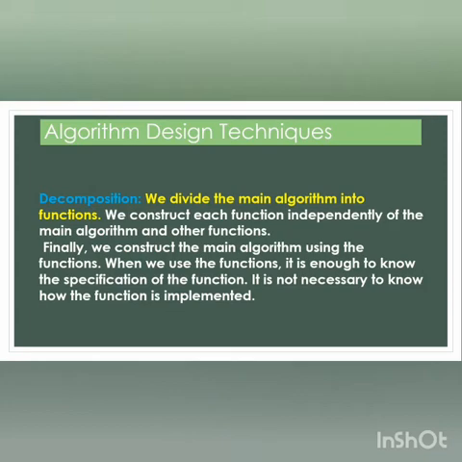Finally, we construct the main algorithm using the functions. When we use a function, it is enough to know the specification of the function. It is not necessary to know how the function is implemented. So, decomposition breaks down a problem into smaller sub-problems and combines their solutions to solve the original problem.